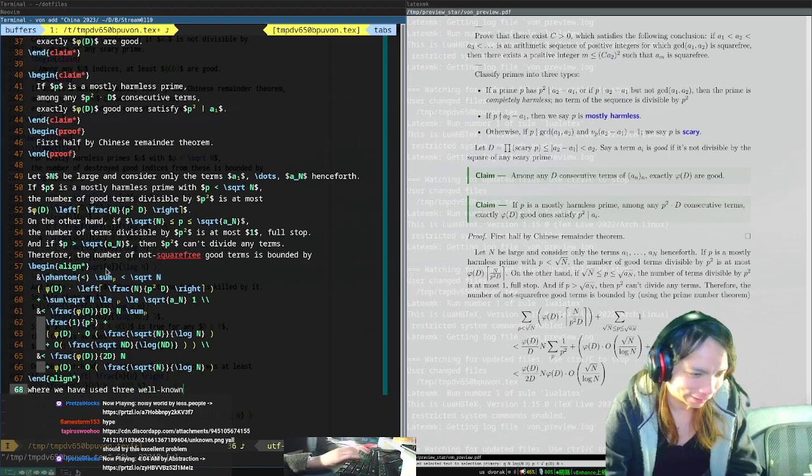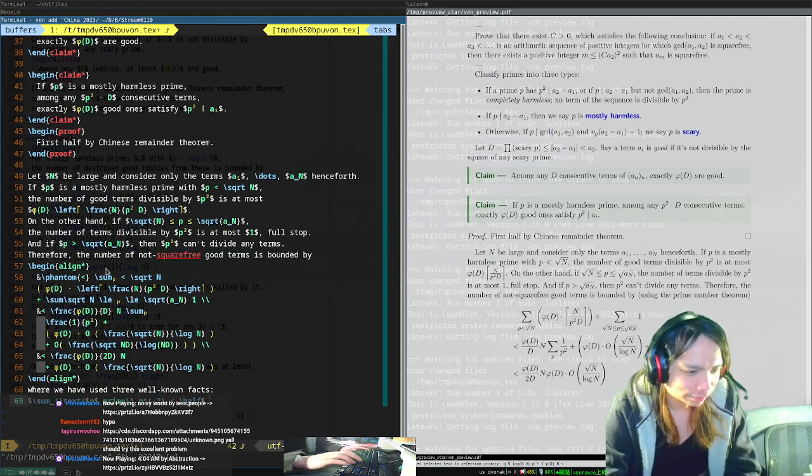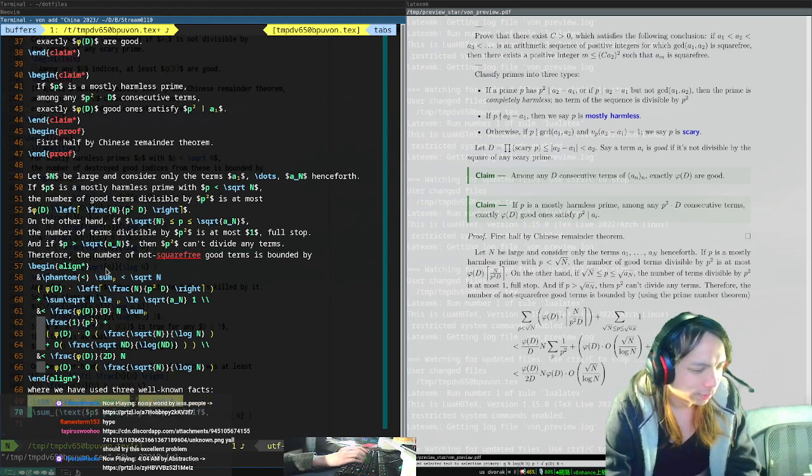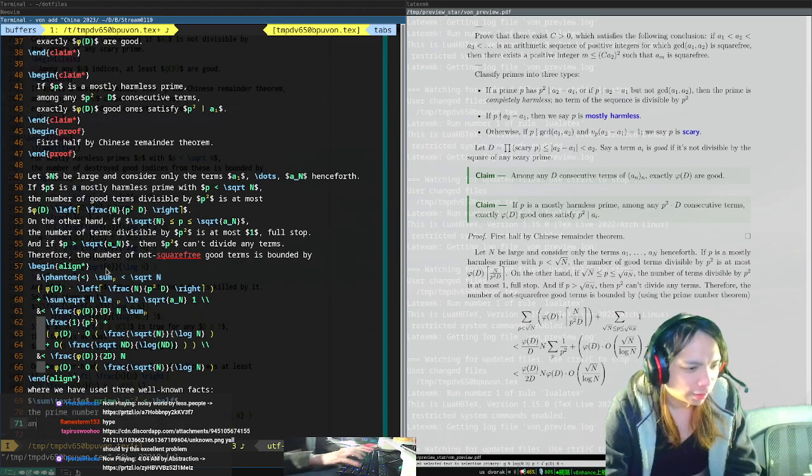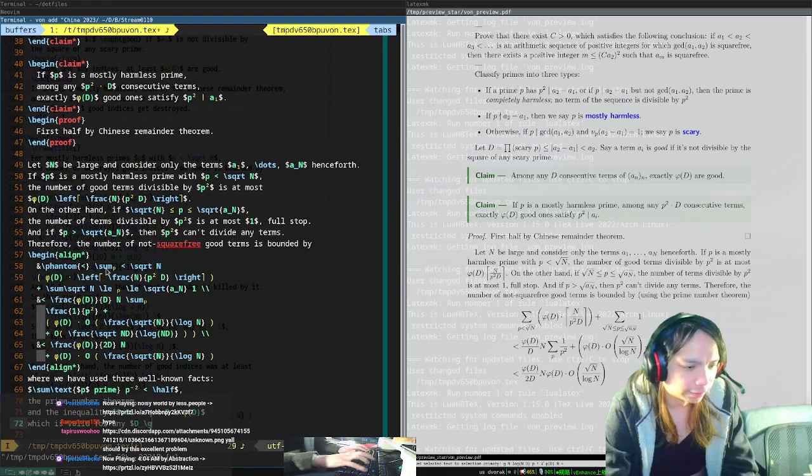3 well-known facts. Sum of p prime, p to the minus 2 less than a half. The prime number theorem, and the inequality 0.01 root d less than log d, less than phi d, which is valid for any d at least 1.